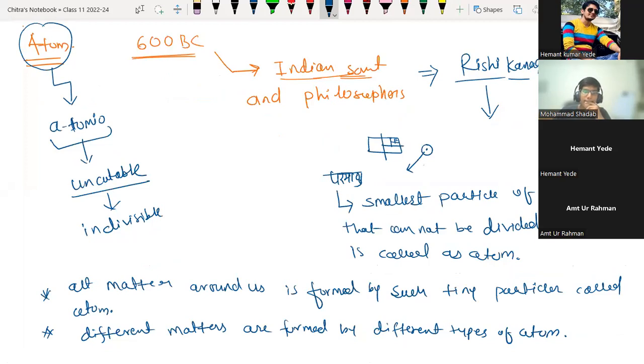On that basis we are going to discuss subatomic particles. We have already gone through this in a previous standard, but we have to discuss it in detail. Till here the atom was considered an indivisible particle, but the atom is also formed by different types of subatomic particles. Now we are going to discuss that.